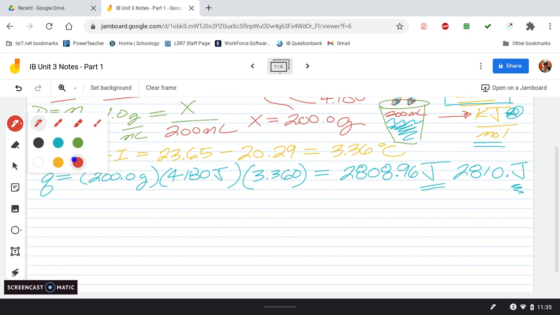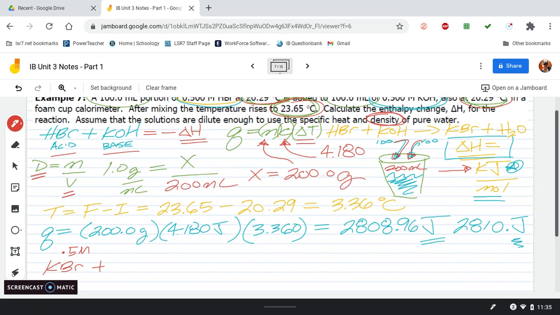So we have this formula here, which is our acid plus our base. So it's our KBr, which is half a mole, or 1/2 molar, plus our, no, sorry, that's incorrect.